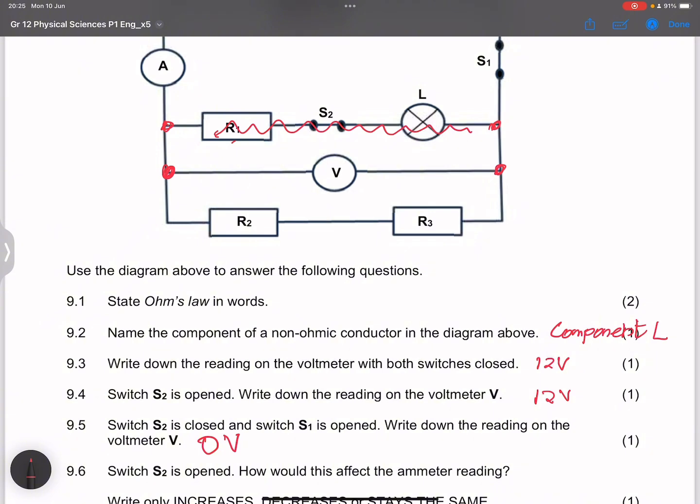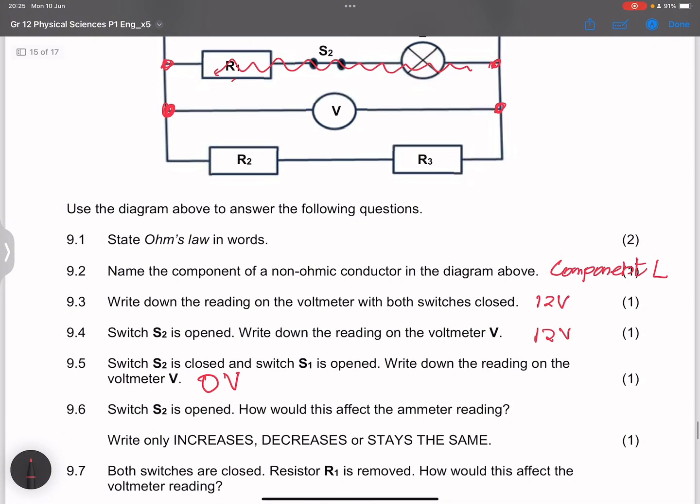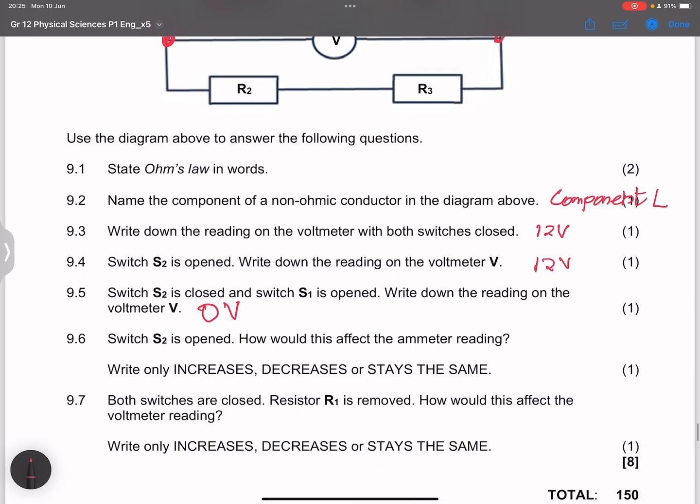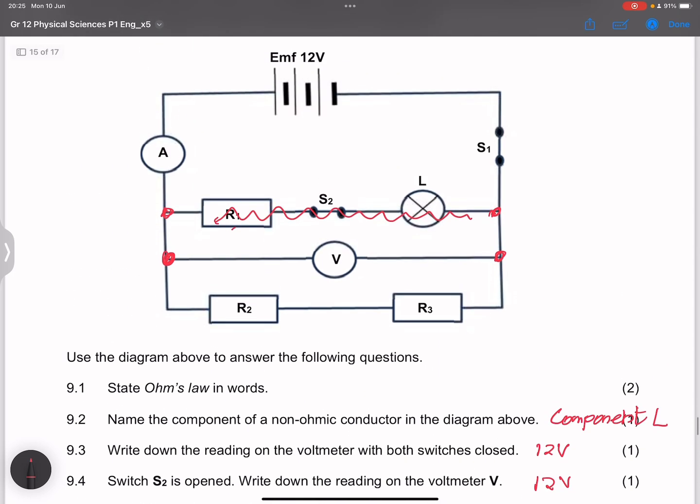Remember, once you remove resistors in parallel, we increase the external resistance of the circuit, and once resistance increases, we decrease the current. So that will definitely decrease the ammeter reading. The current would decrease.